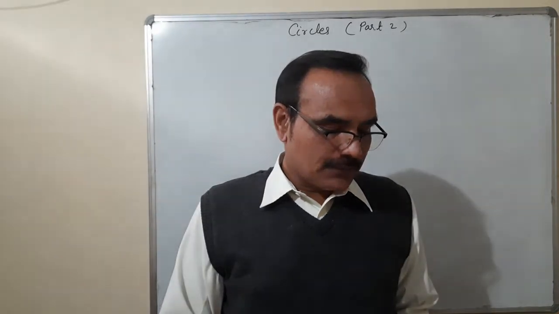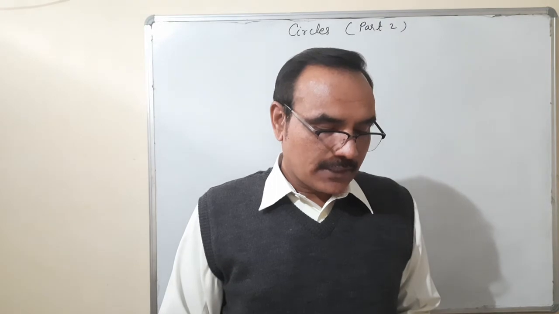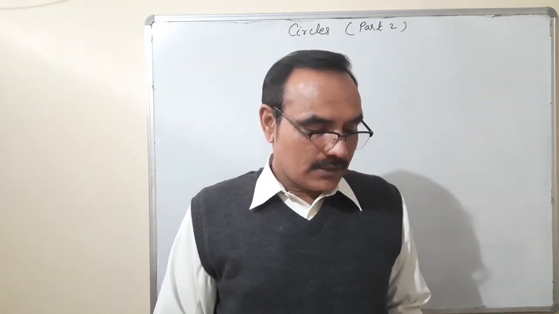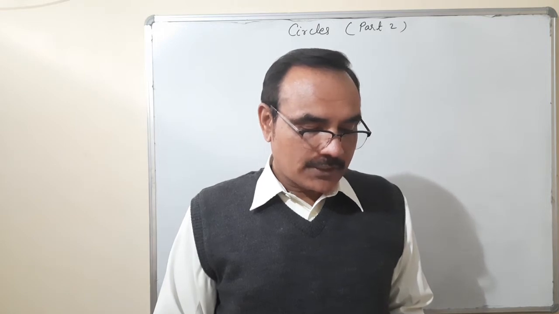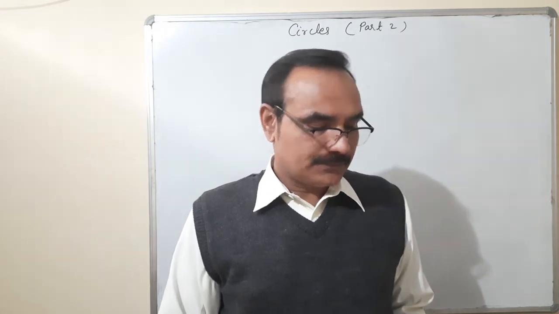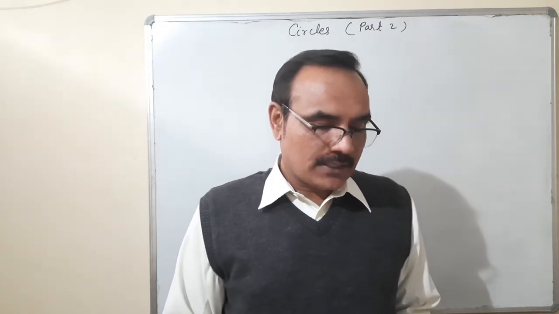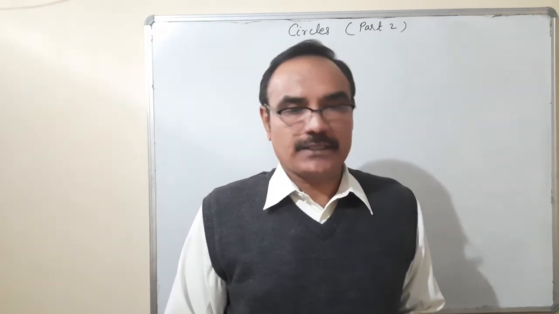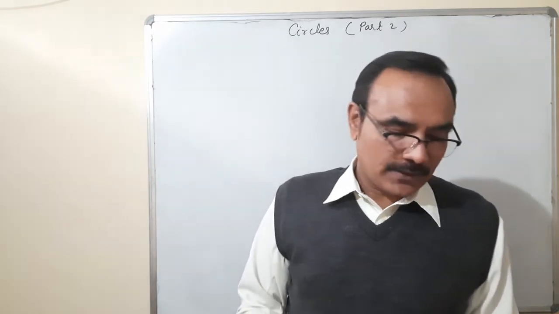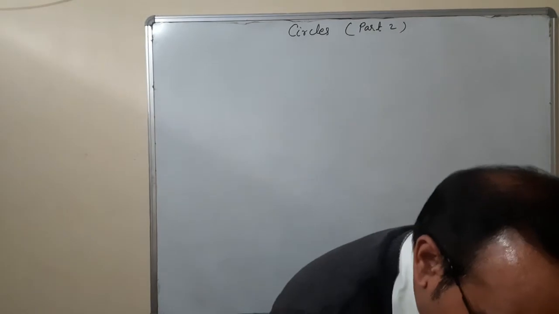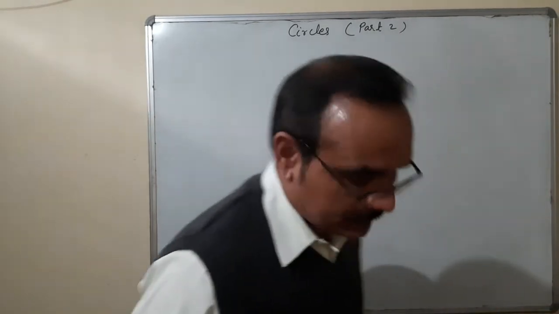Question number 2: if two equal chords of a circle intersect within the circle, prove that the segments of one chord are equal to the corresponding segments of the other chord.